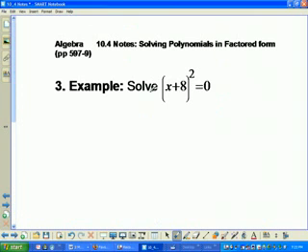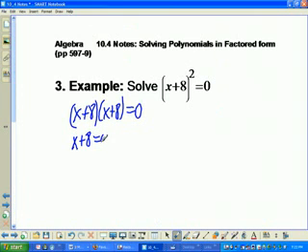Now, question 3. I want to solve x plus 8, the quantity squared, equals 0. Now, there's a couple of ways I could look at this. The simplest way is x plus 8 times x plus 8 equals 0. Well, that means x plus 8 could be 0. Now, do I need to write both parentheses? No, because they're both exactly the same.